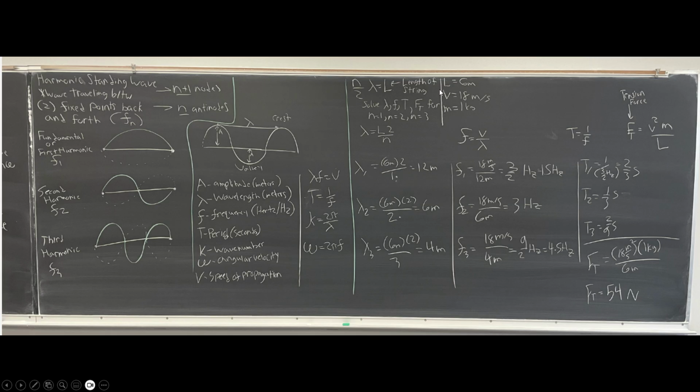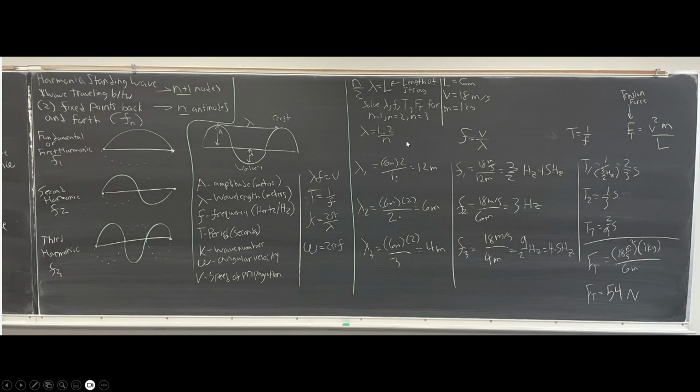Let's say we have a string that has a total length, capital L, of 6 meters, a speed of propagation v of 18 meters per second, and the mass of the string is 1 kilogram. Let's solve first for wavelength, frequency, period, and when necessary, for harmonic numbers n equals 1, 2, and 3. And then by the time that we're done, we'll solve for the tension force.